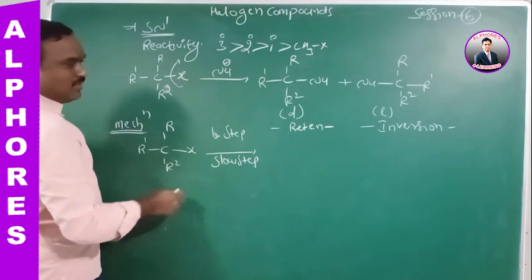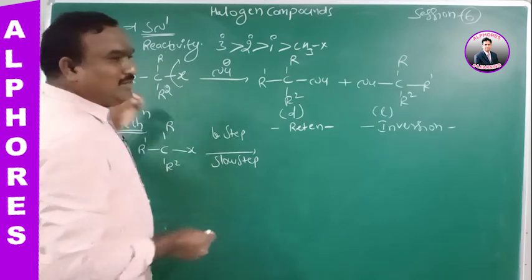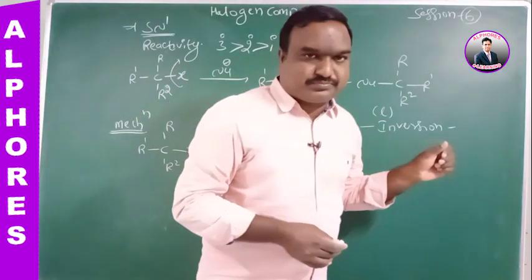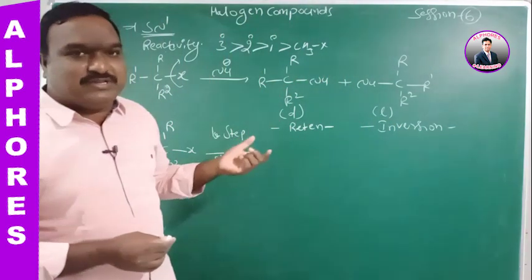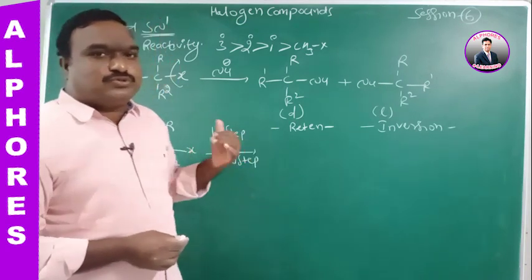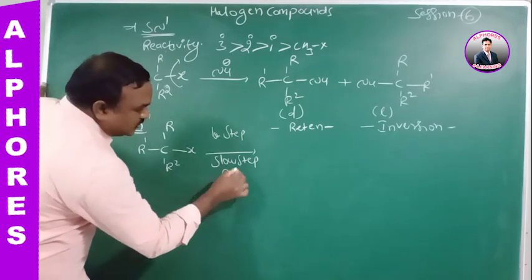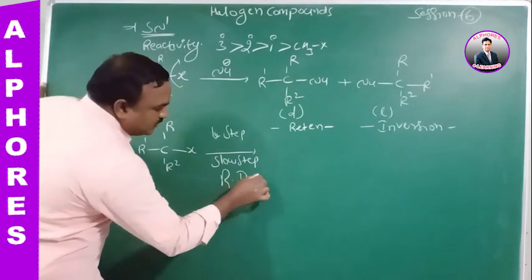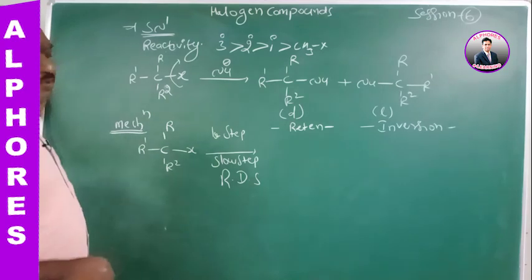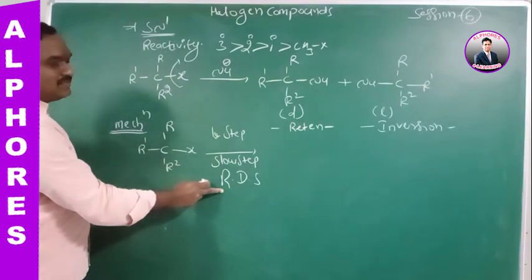Whatever reaction is given, the slow step is called the rate determining step. How can you determine the rate? Based on the slow step and fast step. So the slow step is the rate determining step, the RDS. So the first step is the slow step and rate determining step.